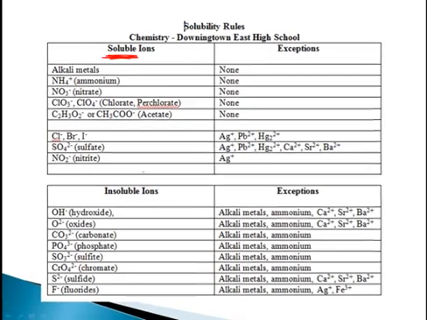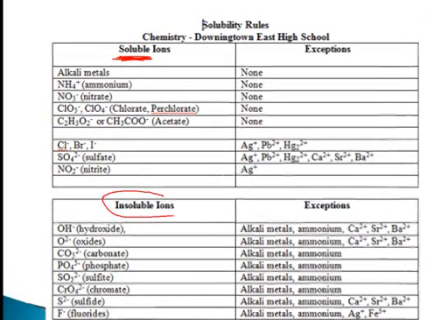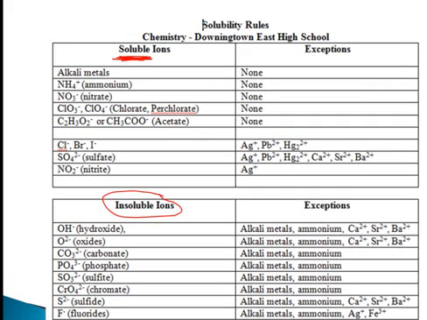So what we need to have is something insoluble. A solid is something that's insoluble in water. So we've got to be able to read this table and figure out what we're making and whether or not it's solid. Again, if it's insoluble, that means it will form a solid or a precipitate.